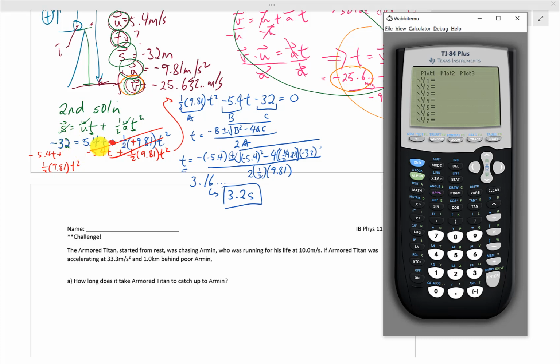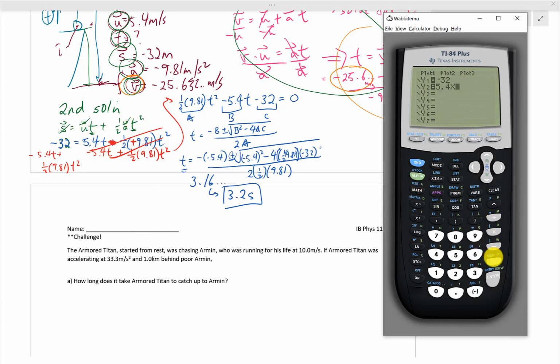I'm going to put one side of my equation, which is just negative 32, as one of these y1s as one of the equations. The other one, I'm going to put this equation on the other side, and I'm going to use x instead of t. So that's the other side of my equation.